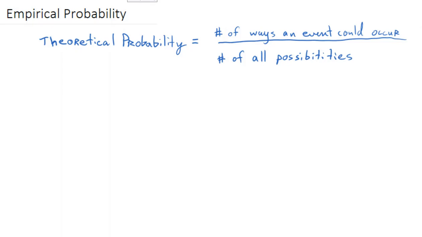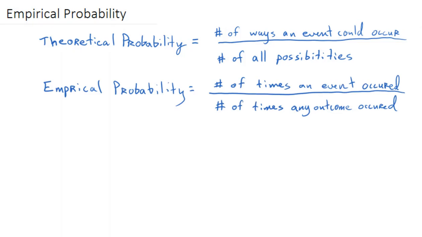So empirical probability would be the number of times an event occurred, past tense, this is something we've seen happen, divided by the number of times any outcome occurred. So let's say we're talking about flipping a coin.